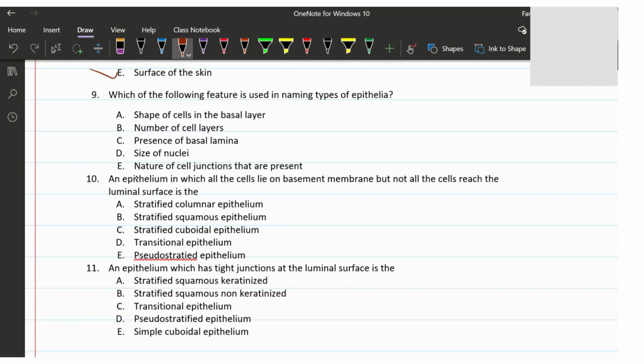No. Every epithelium has a basal lamina. Size of nuclei? No. Nature of cell junctions that are present? No. So the correct answer is the number of cell layers. This could be a correct answer if it were the shape of cells in the superficial layer, the surface layer.